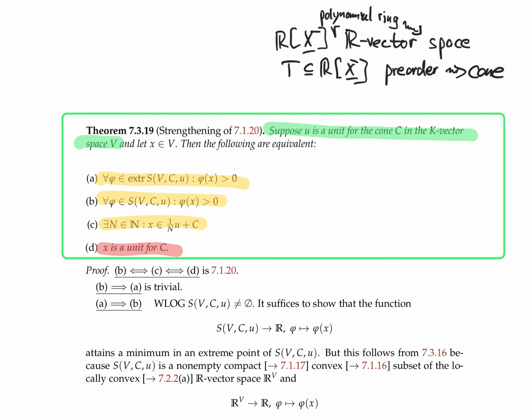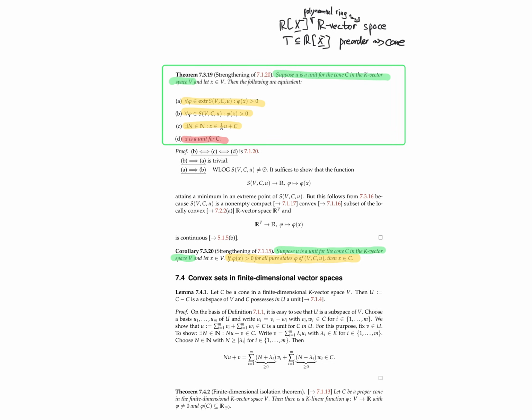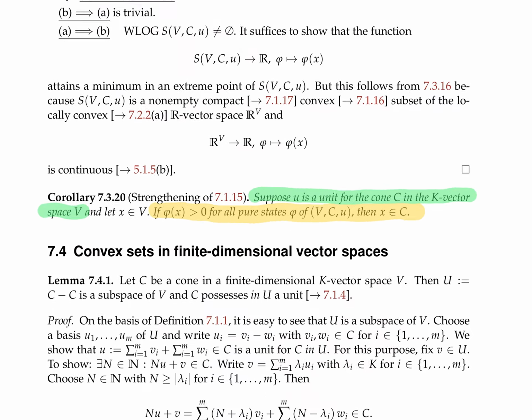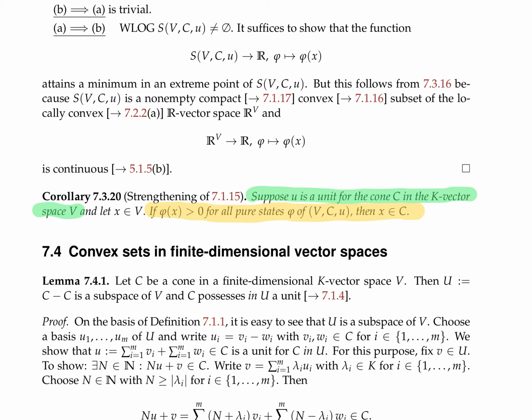And then these extremal states here, right, we were speaking about. We want actually some criteria for when x is in the preorder, for example, or in a quadratic module later on. And so we want to prove that some polynomial, for example, is a member of a preorder or a quadratic module. We will look at this as a cone. And when we look at these pure states, we need first a unit, right?